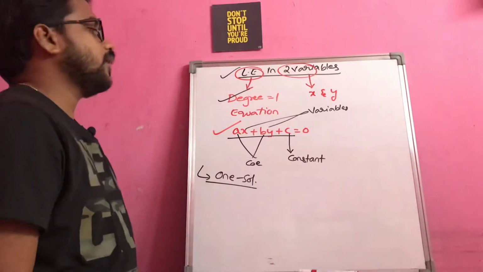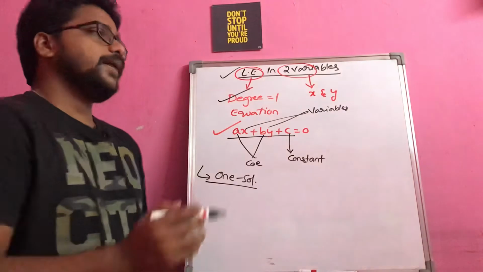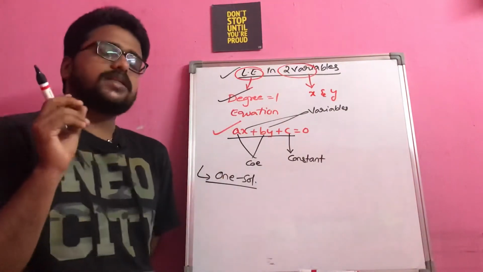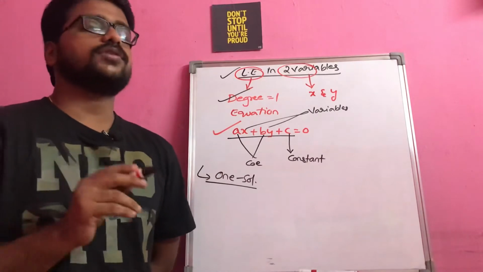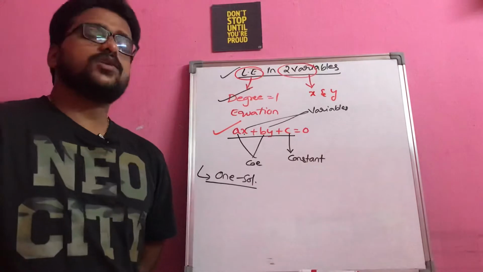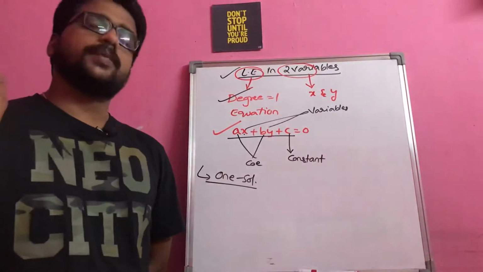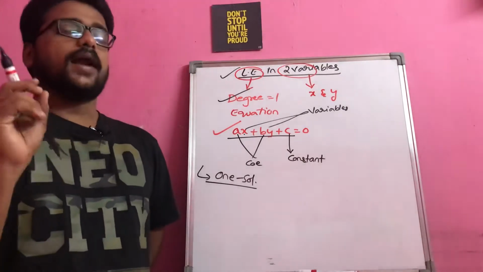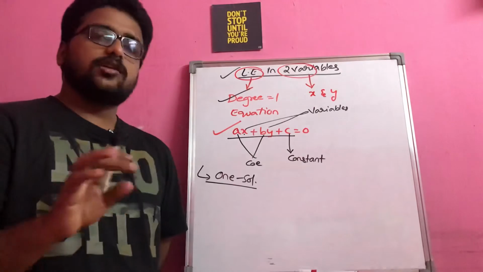And another important point here, there is some misconception. Students used to decide the number of solutions based on the number of variables in the question. So please don't think in that way. The number of solutions is always given by the degree of a particular equation, and the number of variables in that equation doesn't make any sense at all.